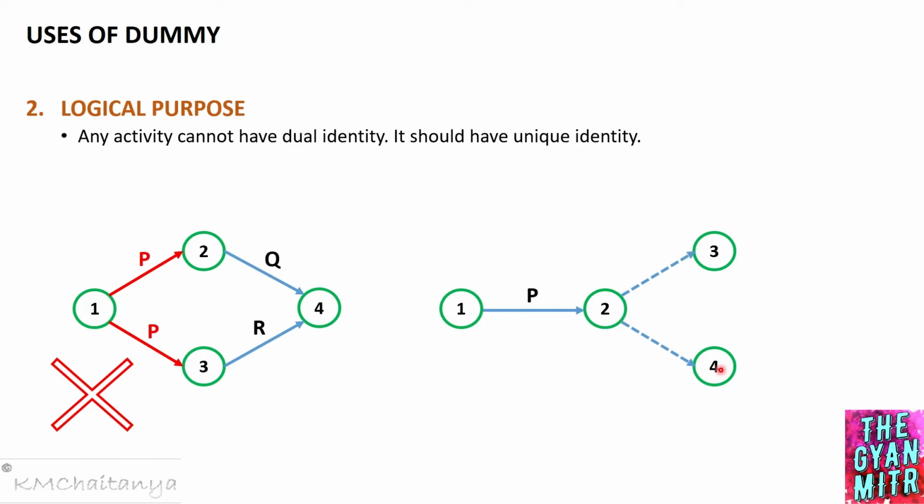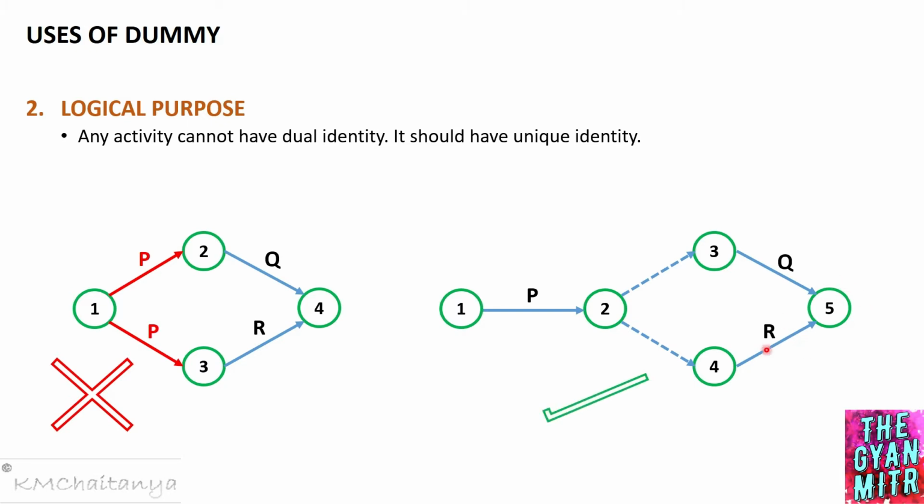So now what we have is activity P running to event number 3, and activity P again to event number 4. So now I'll be having activity Q and activity R, and finally the final event.